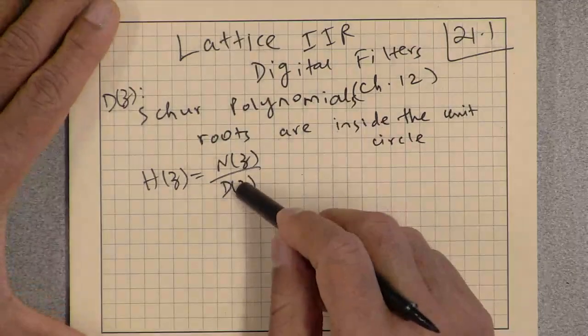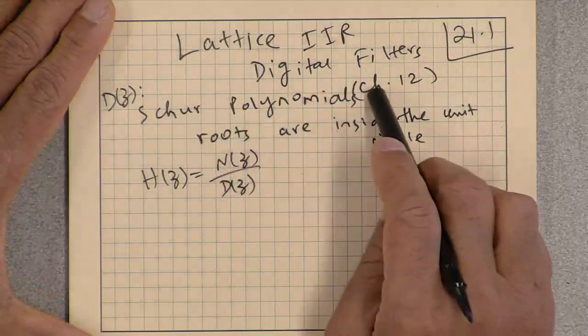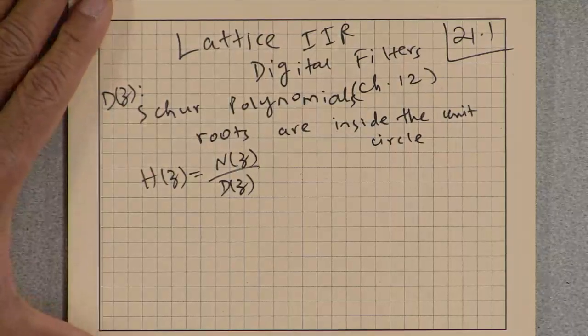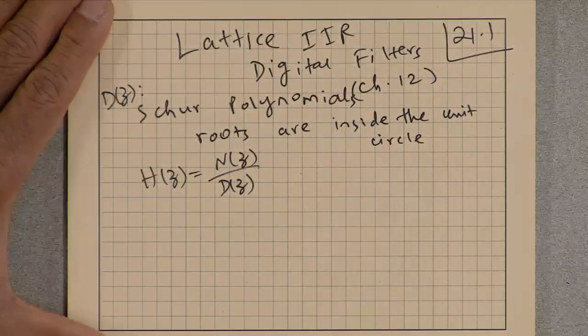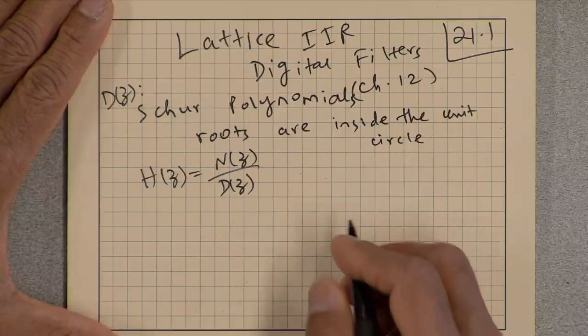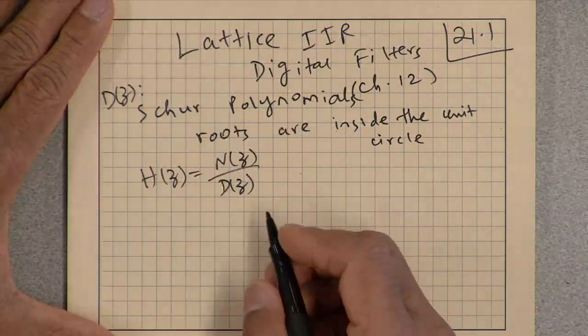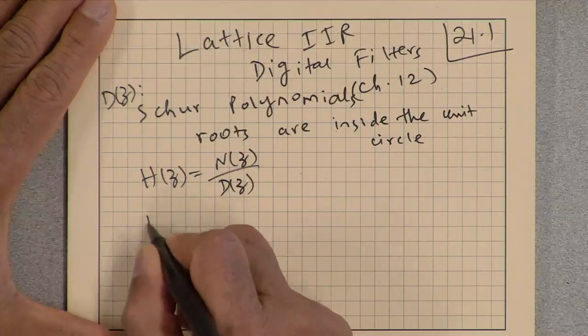If the denominator was not expressed as a Schur polynomial, some of the roots would be outside the unit circle, and that would be an unstable IIR filter, which would not be of interest to us.